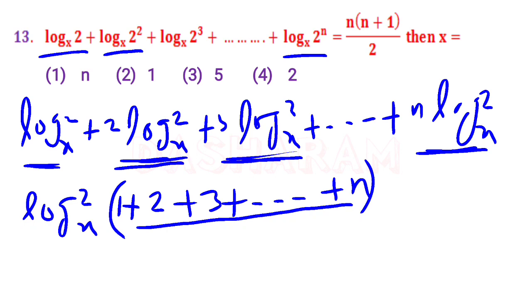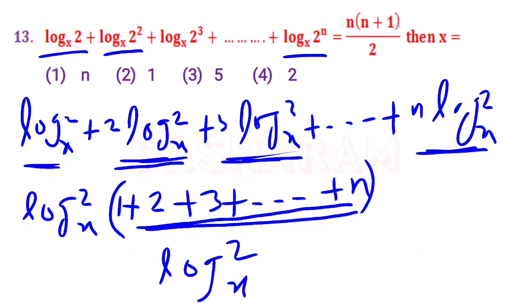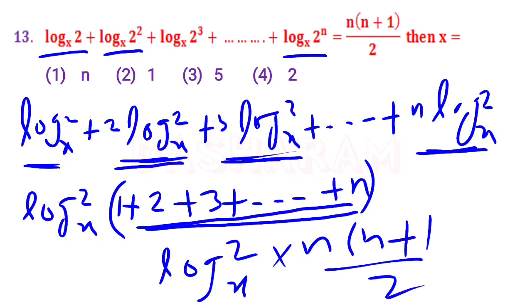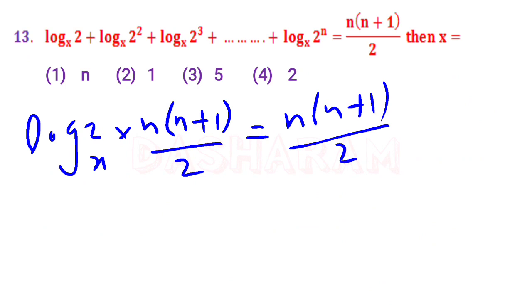So from the progression chapter, the sum of the first n natural numbers formula is n into n plus 1 by 2. So then log 2 base x into n into n plus 1 by 2. Okay. So finally LHS is simplified like this: log 2 base x into n into n plus 1 by 2. It equals RHS, that is n into n plus 1 by 2.